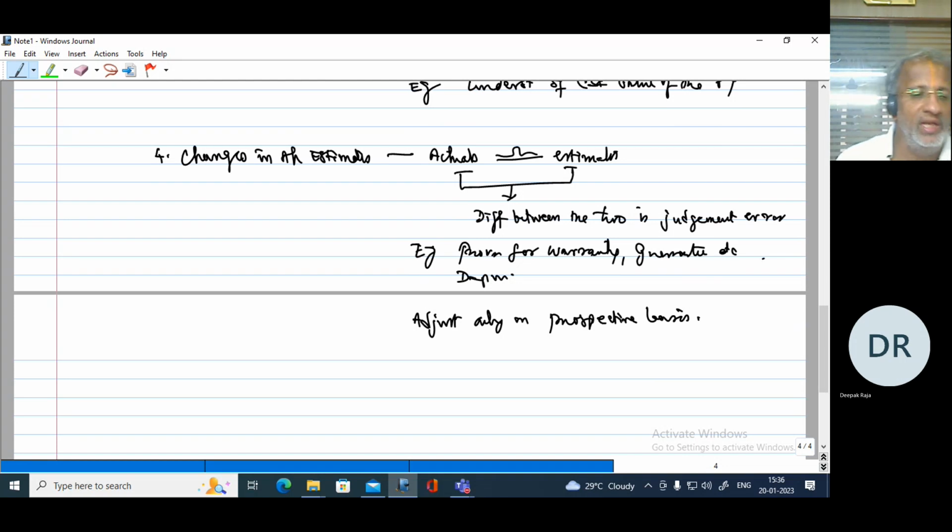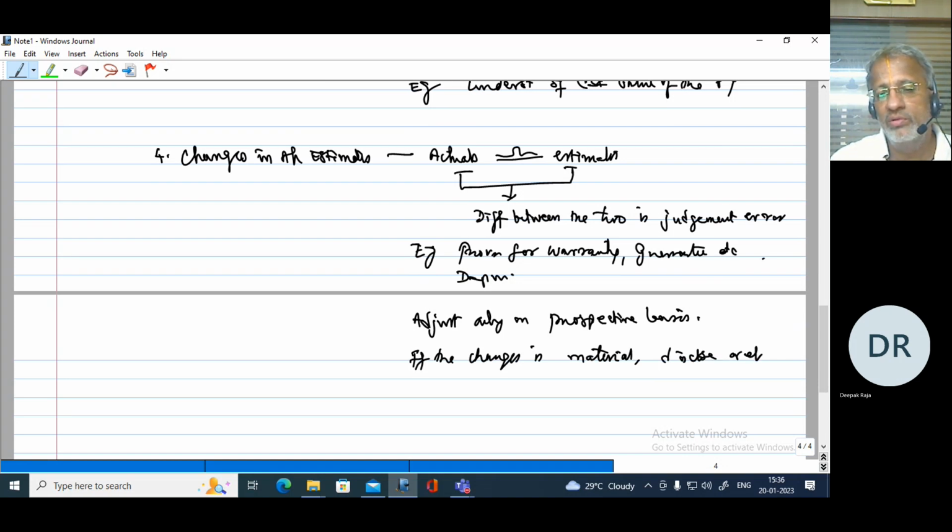If the change is material, disclosure is required. Disclose it, or else ignore. Sometimes it becomes impractical to quantify.